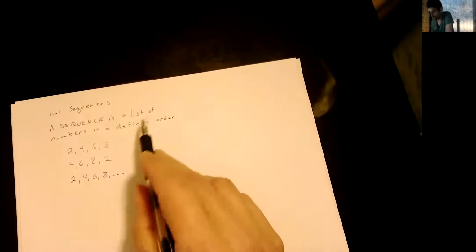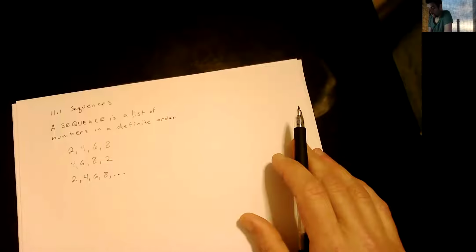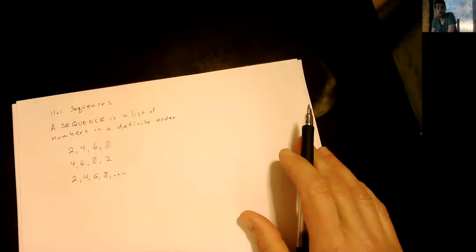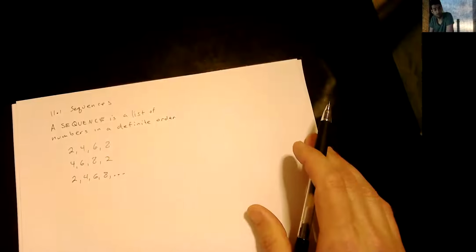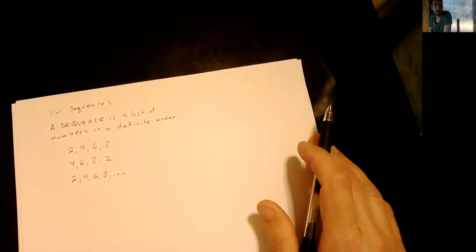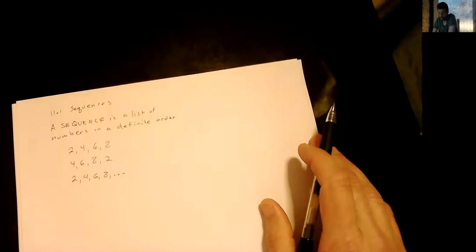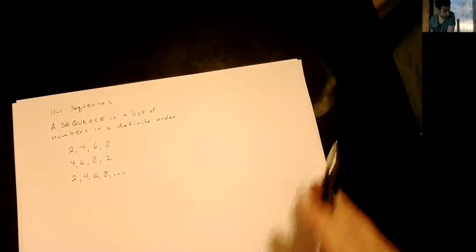We won't have to deal with this, but just to be clear, this definition is a little bit too restrictive. We don't have to have sequences of numbers. There are places in math where you'll do sequences of functions, sequences of vectors, and really anything you can put in order. So it doesn't have to be numbers, okay?